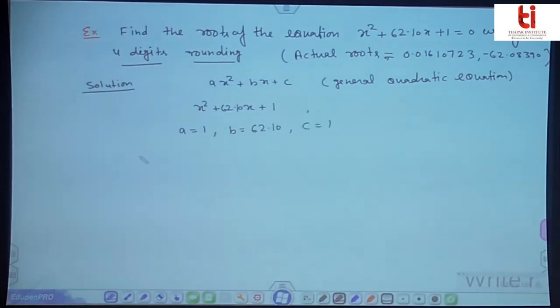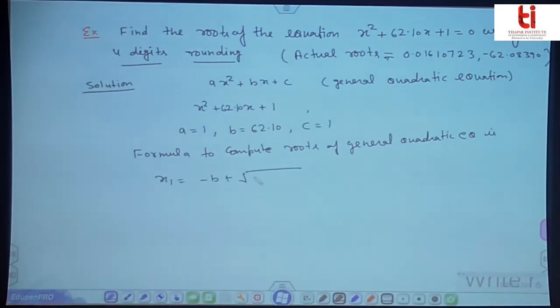The formula to compute the roots of the general quadratic equation is x1 equal to minus b plus square root of b square minus 4ac upon 2a, and the other root can be computed with minus b minus square root of b square minus 4ac upon 2a.